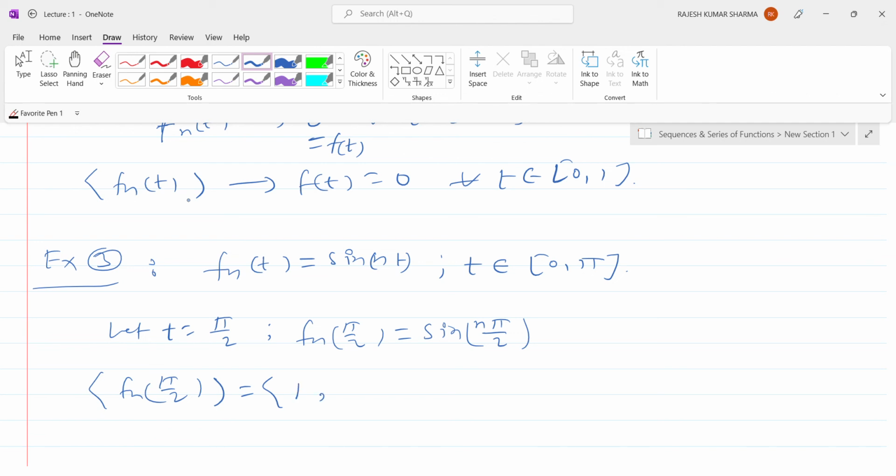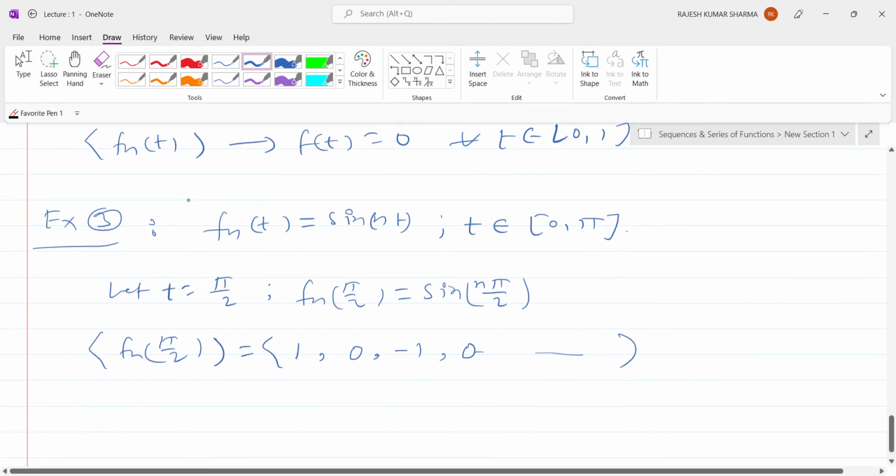At n equal to 1, sin(pi by 2) is 1. At n equal to 2, sin(pi) is 0. At n equal to 3, sin(3 pi by 2) is -1, and so on. And sin(2 pi) is 0.